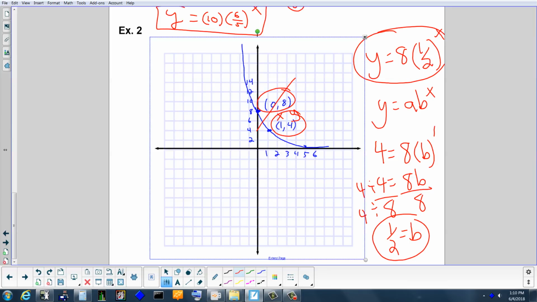Because B is less than 1. For it to be decay, it's going to fit in a range of numbers, between 0 and 1.